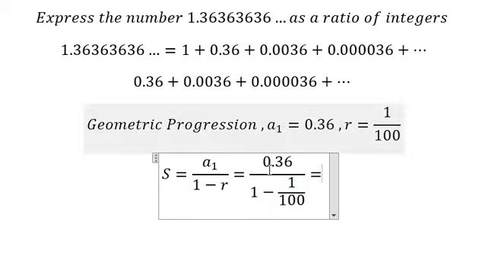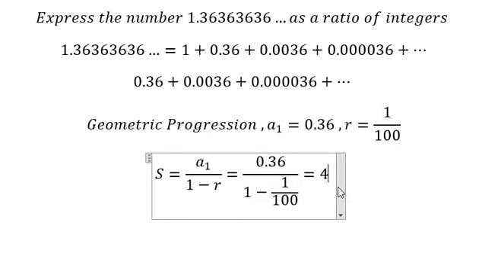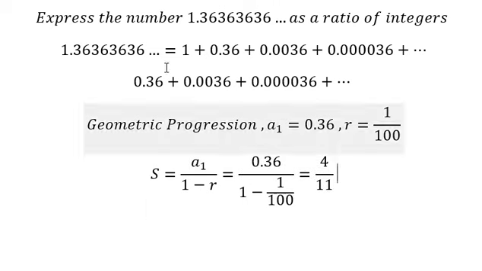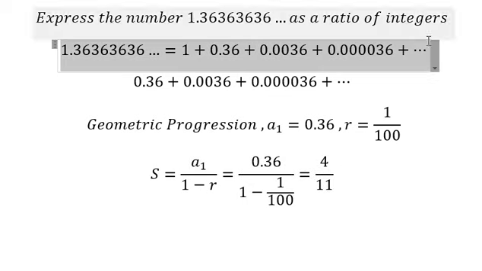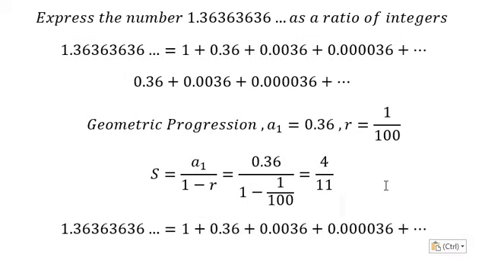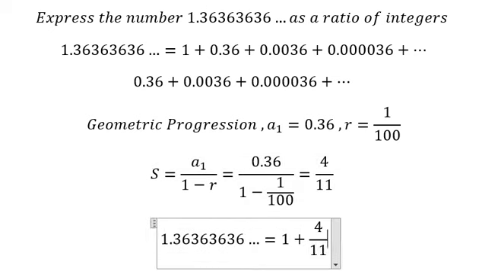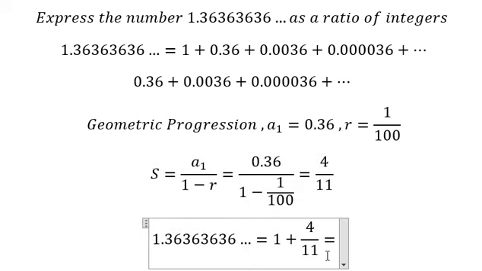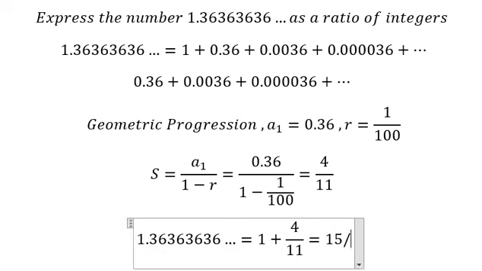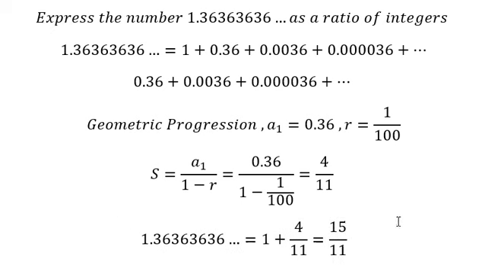So we calculate this one, and we have 4 over 11, and now we can put this one into 4 over 11, and now we calculate this one, and we have 15 over 11, and this is the final answer. That is the end.